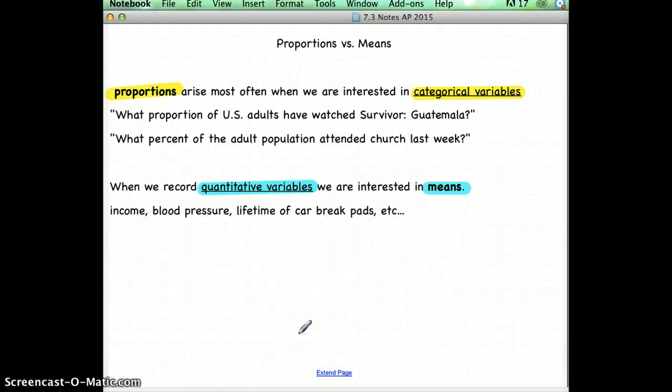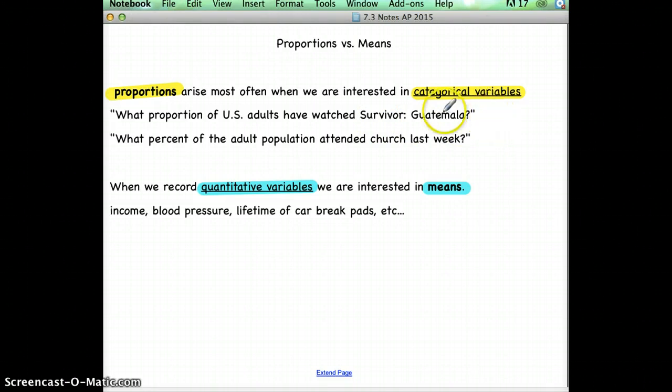This is just a recap of when you're going to use proportions versus when you're going to use means. Proportions happen when you're dealing with categorical variables. So that would be like this question: what proportion of US adults have watched Survivor Guatemala? So you're going to take the amount that have watched Survivor divided by the total amount.